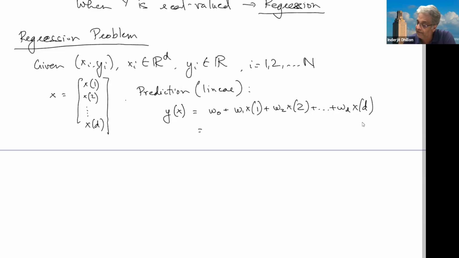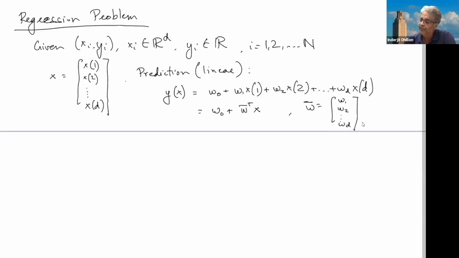So I'm going to write this as W naught plus an inner product between the vector of my coefficients times my vector x. So this is W bar transpose x, and W bar is W1, W2, WD. So W bar is a d-dimensional vector, right?